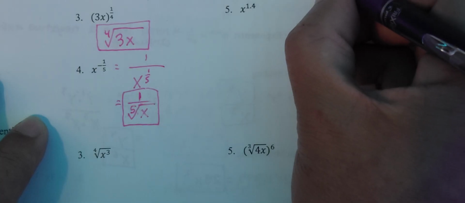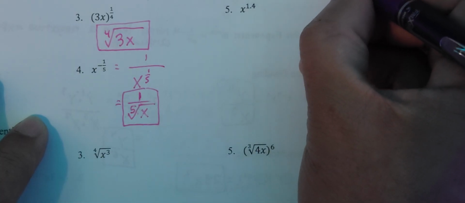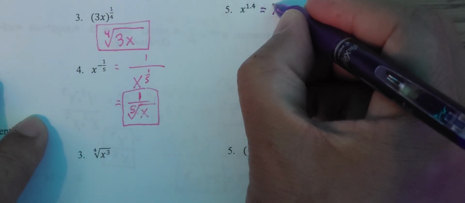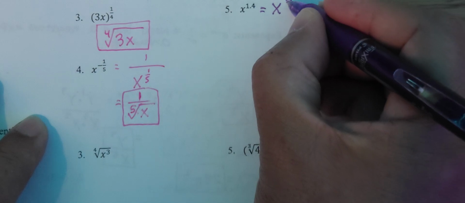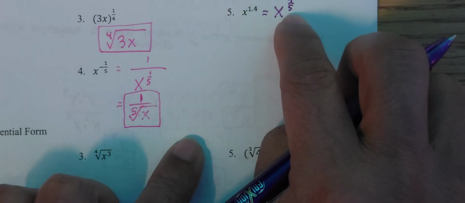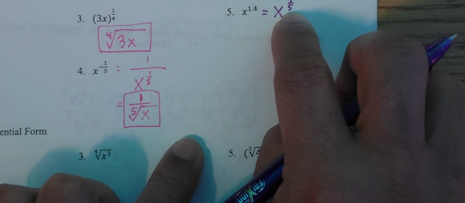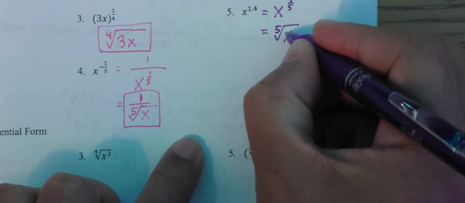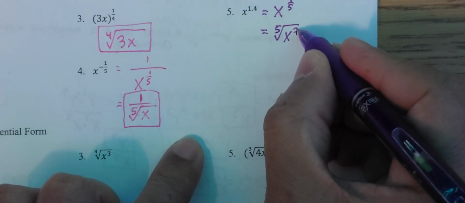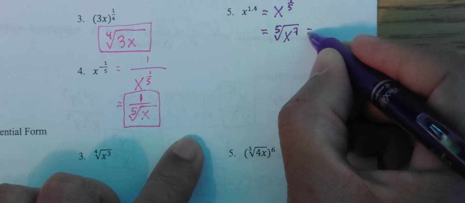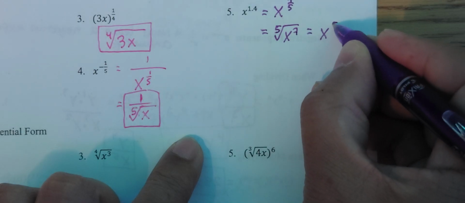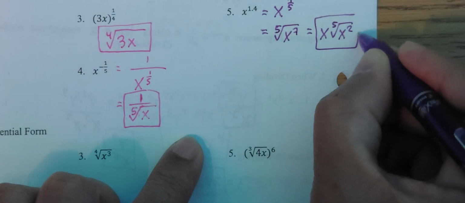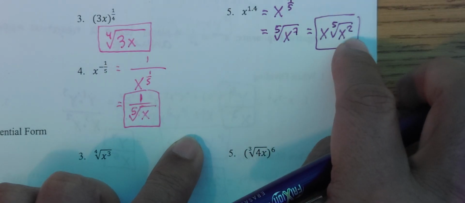That's the same as 14 over 10, which simplifies to 7 over 5. Then I'm going to rewrite this as x to the 7/5 power. The index of this radical is 5, so we have the 5th root of x to the 7th. Since we have a 7th as a power, we can take an x out. So this equals x times the 5th root of x to the 2nd, because we have 7 of them, we can take one out, but there are 2 left inside.